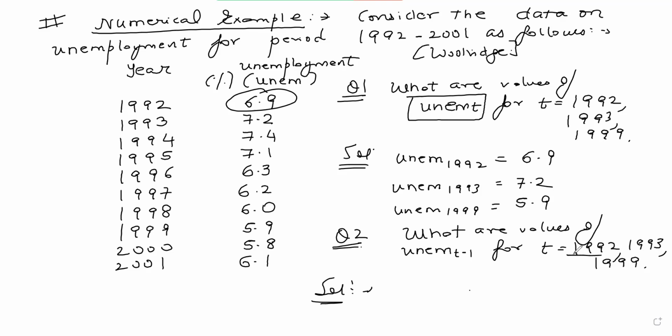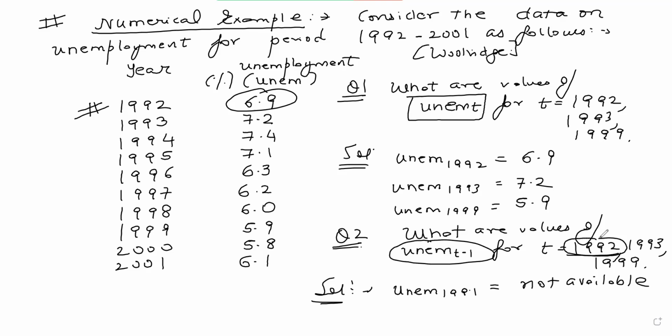So when T takes 1992, 1992 minus 1 is 1991. The data is not available. You can see from the table, there is no data for year 1991. The data starts from the year 1992 and it's unemployment T minus 1. When I put T as 1992, 1992 minus 1 is 1991, but there is no data for 1991.